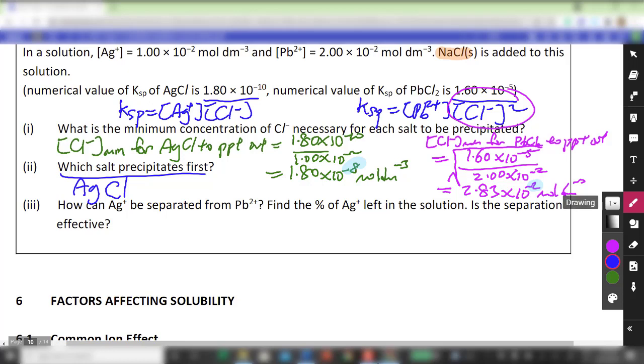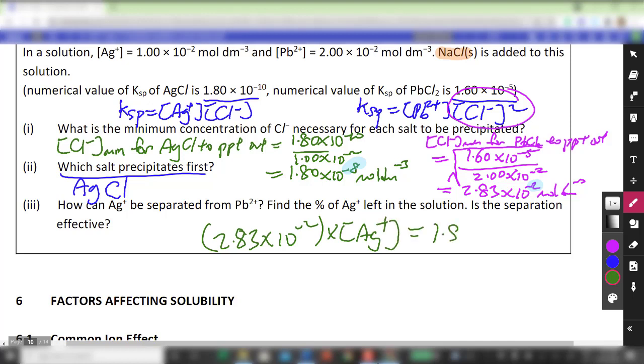Then if you take this value, 2.83 times 10 to the power minus 2, multiply it with silver plus, and equate it to the Ksp of silver chloride, you will notice that what you are calculating here is actually the concentration of silver plus that remains in the solution. If you punch your calculator, you should be getting 6.36 times 10 to the power of minus 9 moles per dm cube.